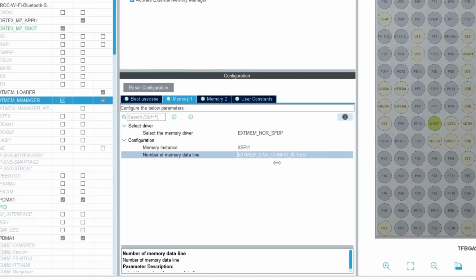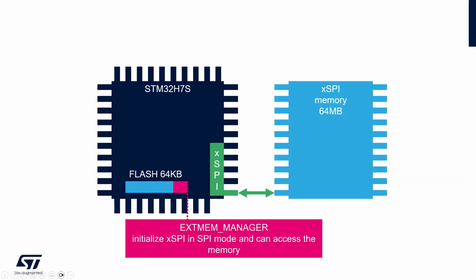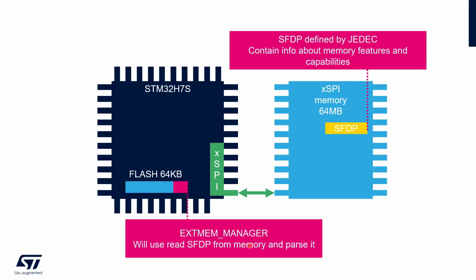So now, what is the SFDP? The SFDP is basically the reason why we use this external memory manager. With multiple vendors of memories, the issue is that each memory is a little bit different. So it was standardized that each memory will have a register which contains information about this memory. This register is called the SFDP, and it was standardized by the JEDEC standard.